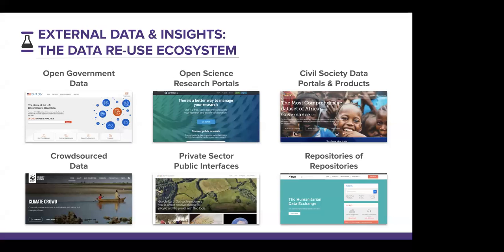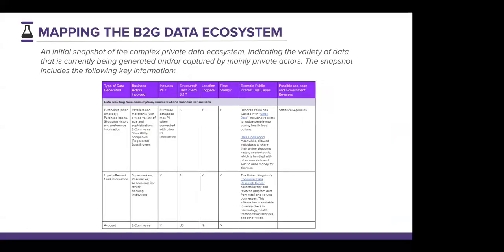But there are also other portals that provide access to civil society data or data that NGOs have collected. You have crowdsourced data as well that quite often has been made available. Private sector data that you have public interfaces for. And then you also, for instance, have data intermediaries, repositories of repositories, where you can actually start looking for data as well.